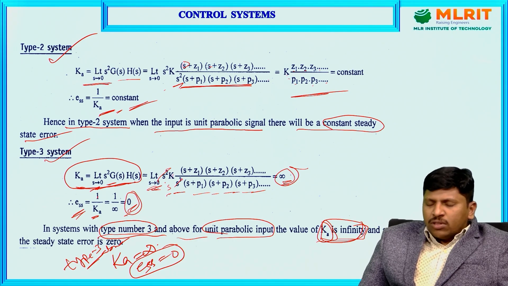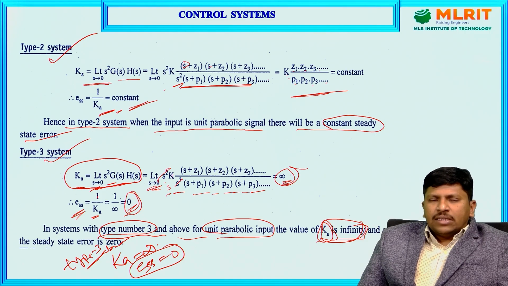This is about deriving the expressions of steady state error for the various inputs, like unit step, unit ramp, and unit parabolic signals. By applying all these input signals, you will get the steady state error and the static error constants.